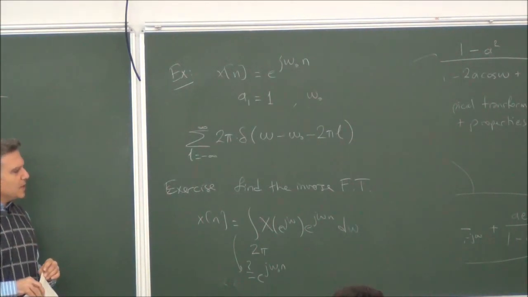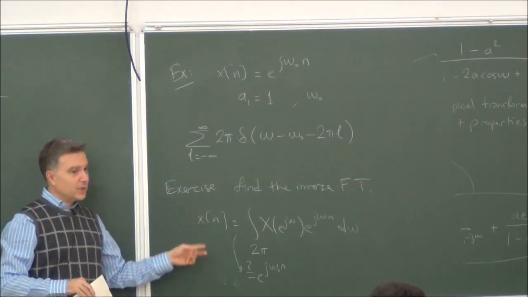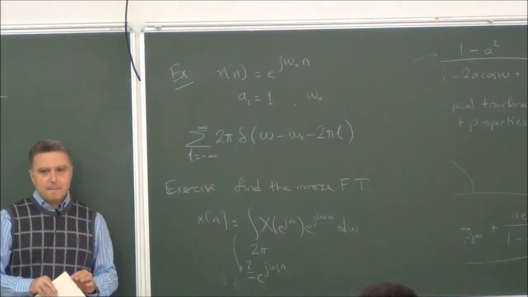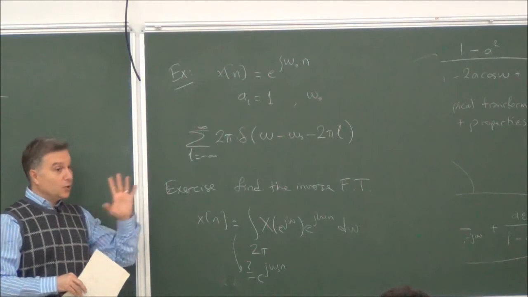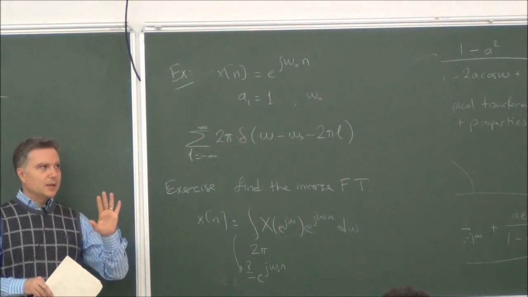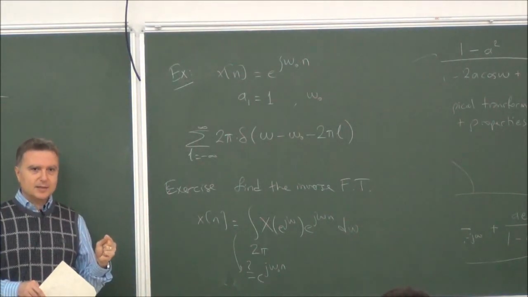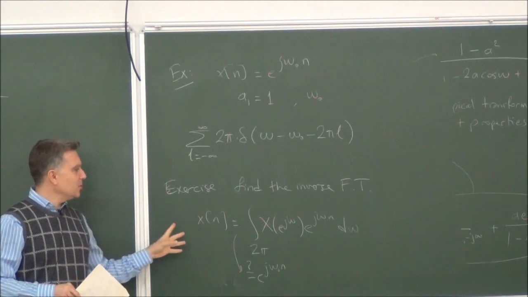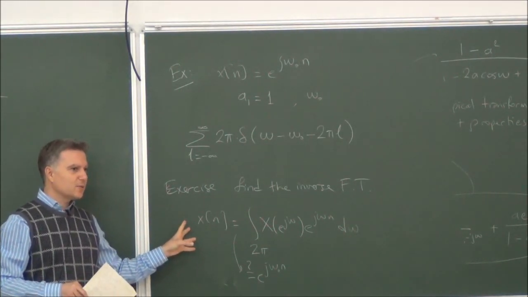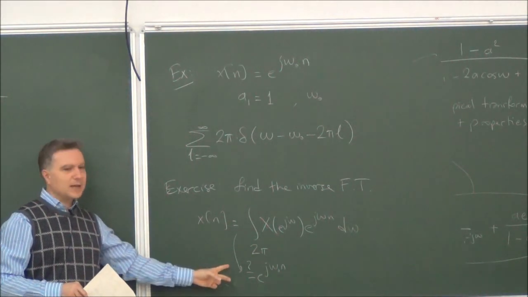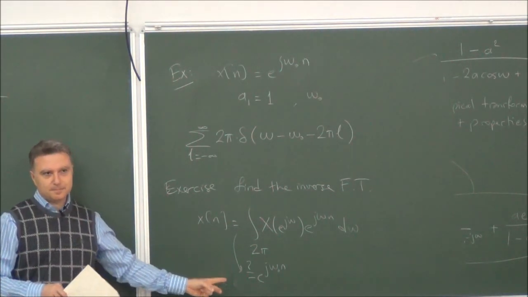We haven't seen many examples regarding the inverse Fourier transforms, unfortunately, but we know the formula for that, and you will have the tables like that. From those tables, you should be able to find a few inverse Fourier transforms if you make an exercise with this one.